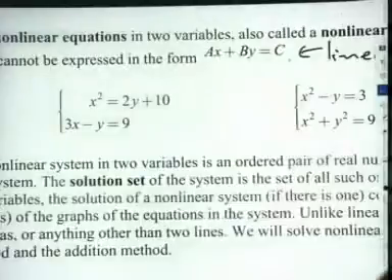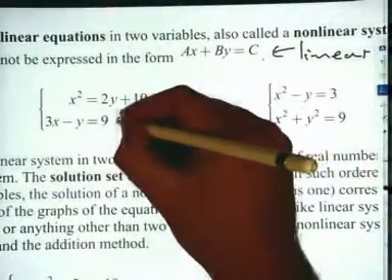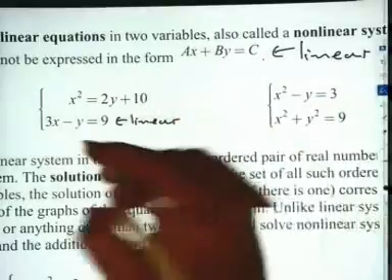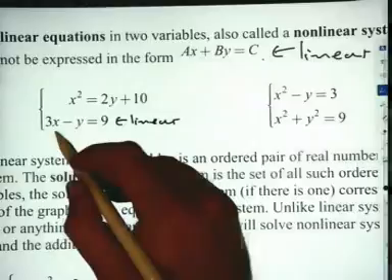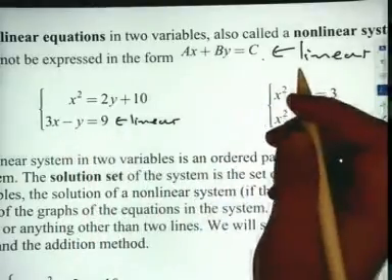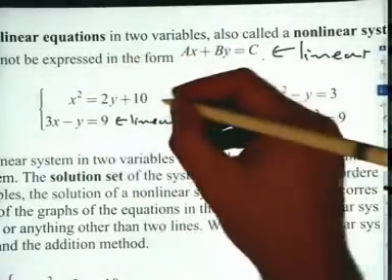So if you take a look at these two examples that I have right here, this equation right here is linear. We know it's linear because the exponent on x is 1, the exponent on y is 1. That's going to create a line. But if you look at this equation, we have the x squared.